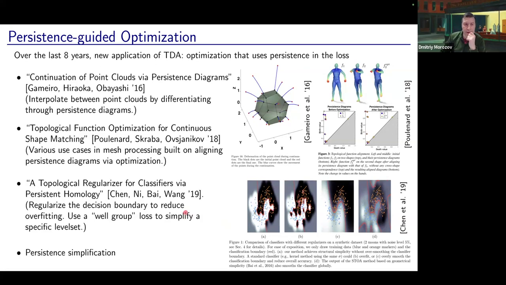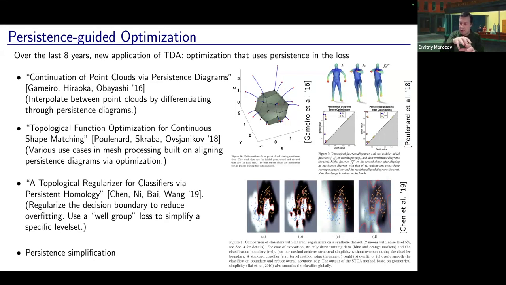And the third idea that I find especially appealing is using persistence as a regularizer in machine learning. When you train a machine learning model, it often overfits to your data. The way this overfitting manifests itself is that the decision boundary, and here's a figure from their paper with blue points and orange points, can become noisy, namely it has lots of topological features because it's trying to learn that there's an orange outlier in the middle of a blue point cloud.